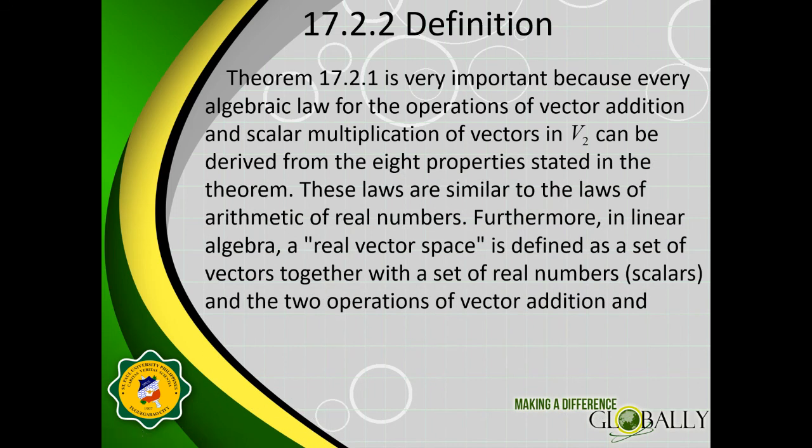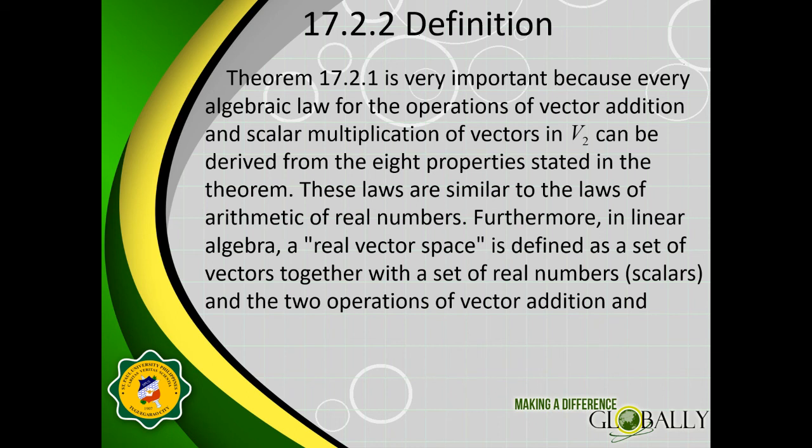Theorem 17.21 is very important because every algebra law for the operations of vector addition and scalar multiplication of vectors in V2 can be derived from the properties stated in the theorem. These laws are similar to the laws of arithmetic of real numbers.